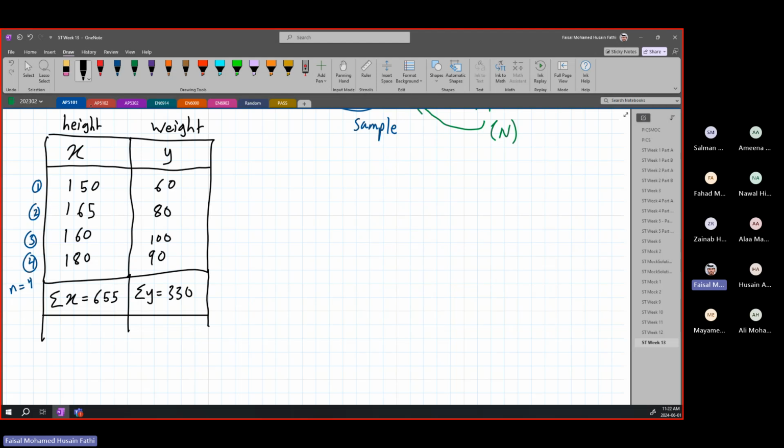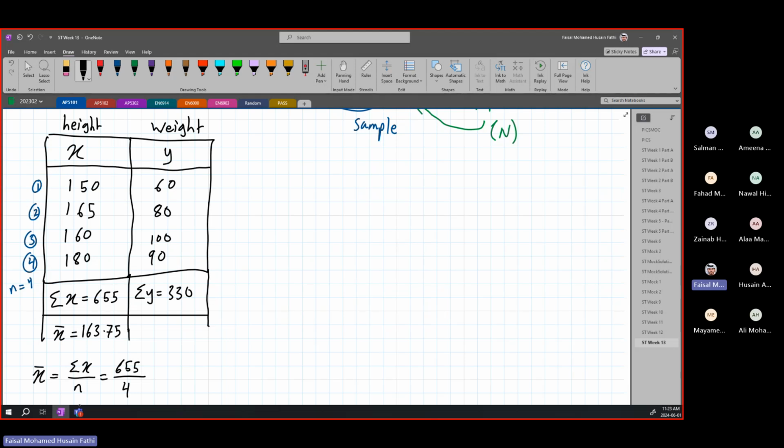For the average, or x bar, all I'm doing is applying this equation. X bar is equal to sigma x over n, which in this case is 655 divided by 4, that is 163.75.